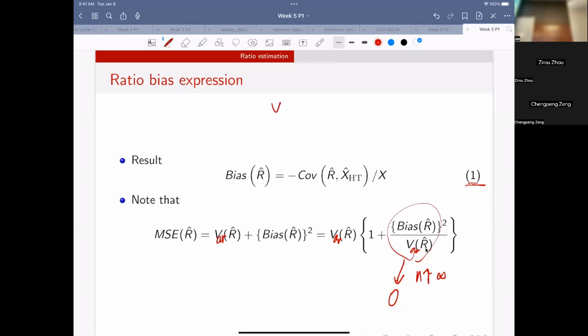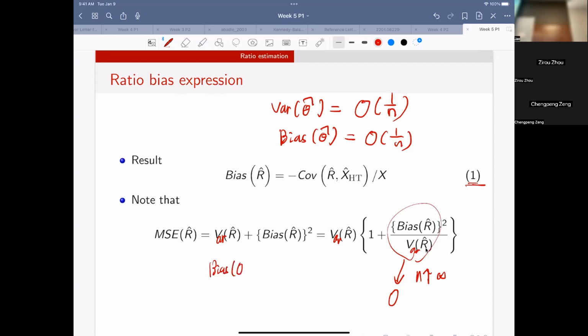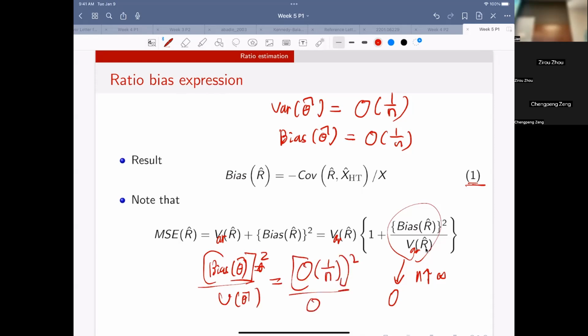So in other words, usually variance is of order 1 over n. The bias of this ratio estimator will also be of order 1 over n, and so bias square is of order 1 over n square. So bias square divided by variance is O of 1 over n square divided by O of 1 over n, which goes to 0.